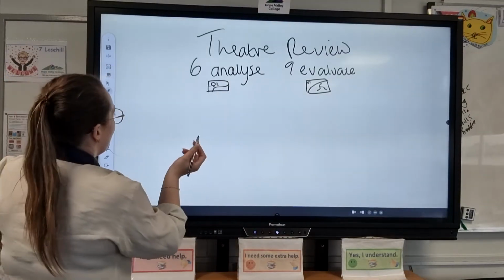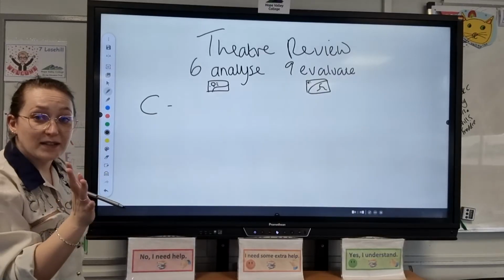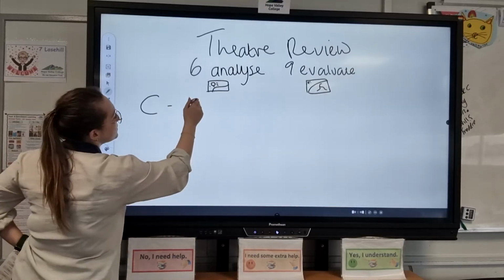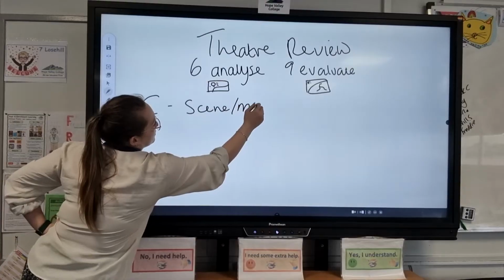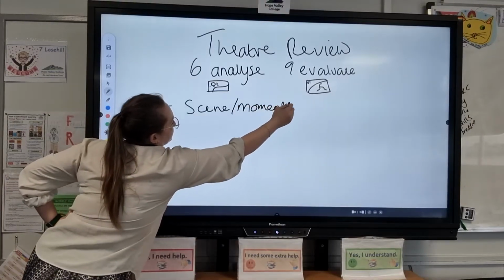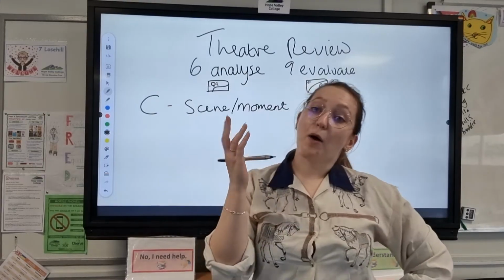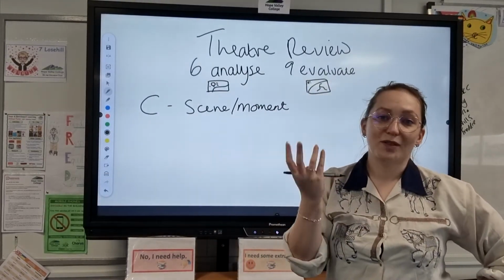So if we are CIDERing, the first thing for your context, and this is the same for both analyse and evaluate, is to say what scene or moment you are looking at. The question itself might ask you about one key moment, or it might be more vague and ask you about the opening or the end, for example.